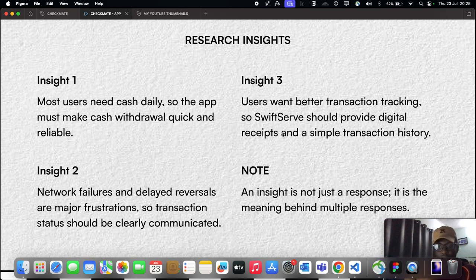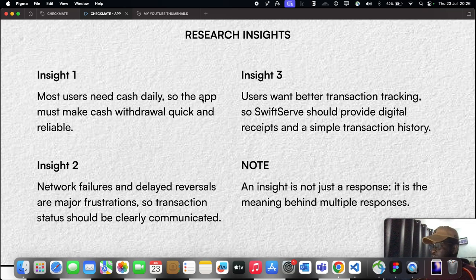And so as designers, we have to make sure that when we are designing the product, we factor in providing receipts for these people, right? And we also want them to have a very simple transaction process.